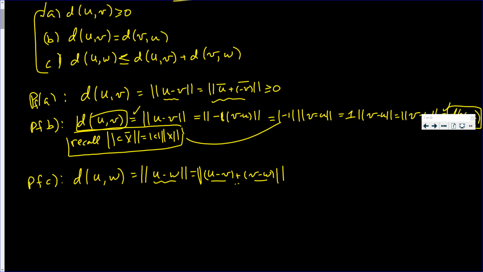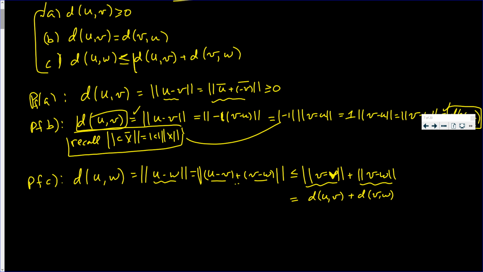But we know from the triangle inequality that this is less than or equal to the length of u minus v plus the length of v minus w, which is the distance between u and v plus the distance between v and w. And that's exactly what I set out to show.